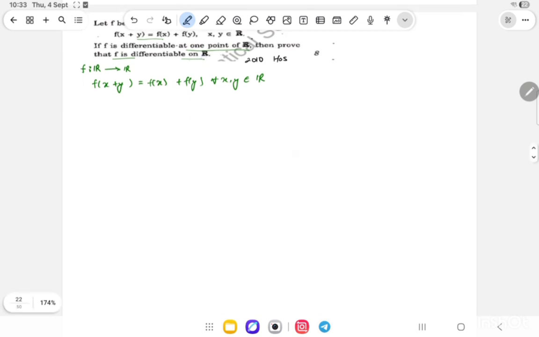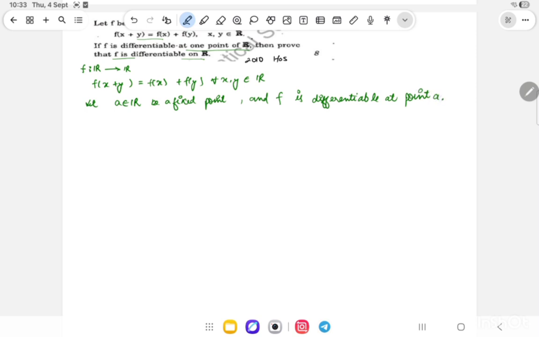So first let us assume that a belongs to R is a fixed point, and let's assume that f is differentiable at this point a. Using the definition of differentiability, I'll get f dash a as limit h approaches 0 of f(a plus h) minus f(a) upon h.